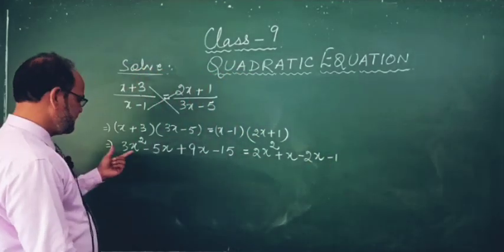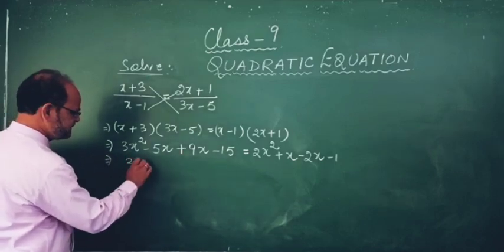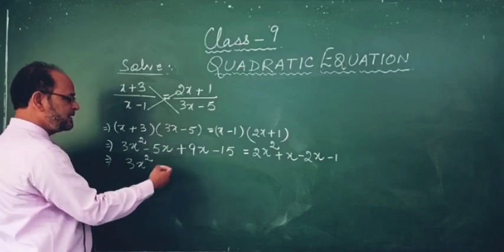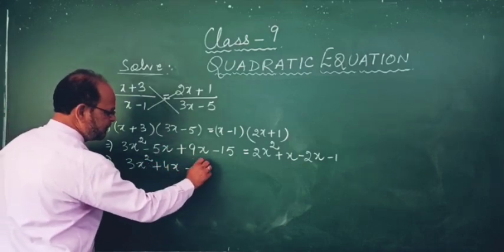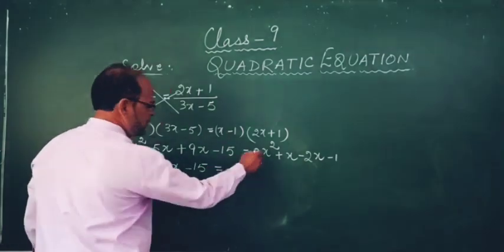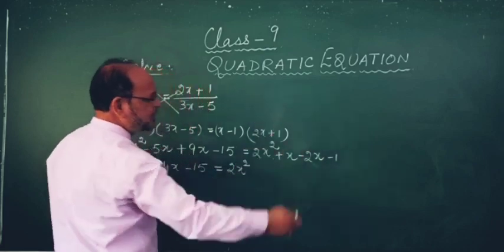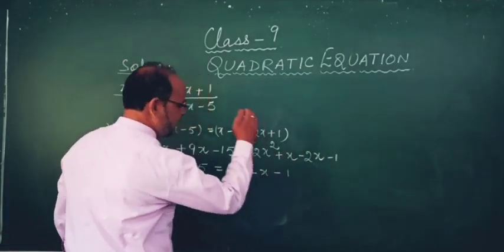Now we will find the result here. So we will get 3x square and negative 5x and plus 9x. The result will be plus 4x and minus 15 equals 2x square, and we collect plus x and minus 2x, so the answer will be negative x and minus 1.